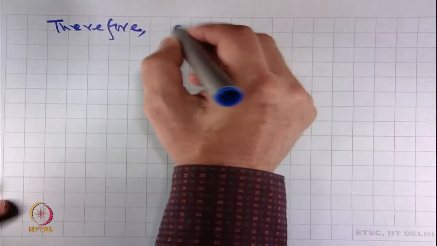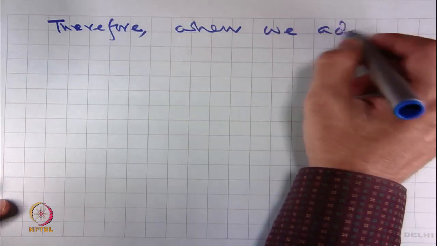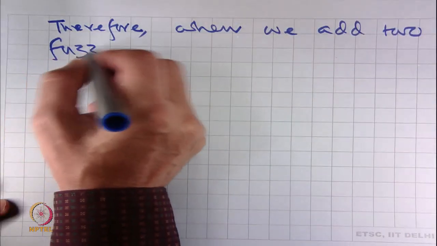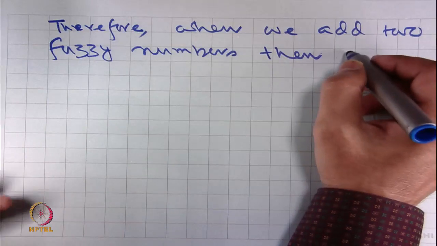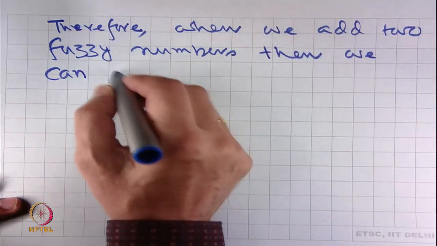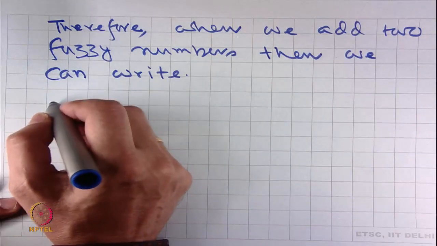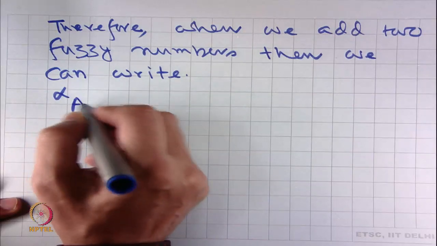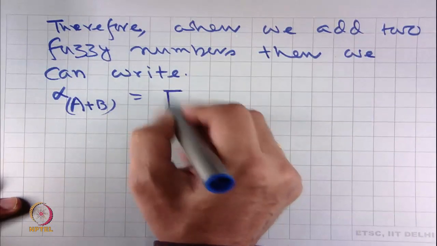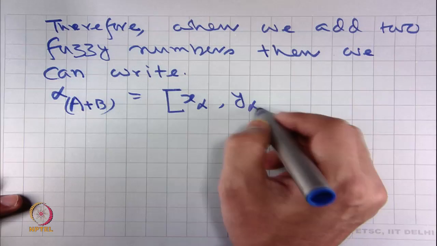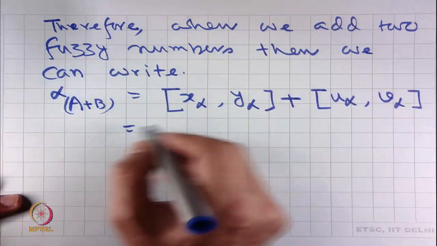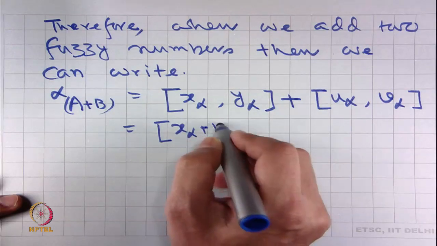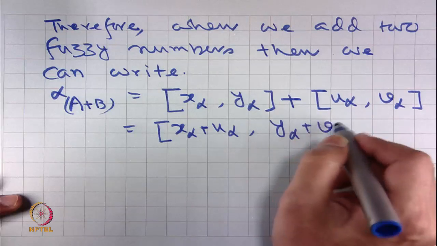Therefore, when we add two fuzzy numbers, we can write the alpha cut of A plus B is equal to [x alpha, y alpha] plus [u alpha, v alpha], which is equal to [x alpha plus u alpha, y alpha plus v alpha].